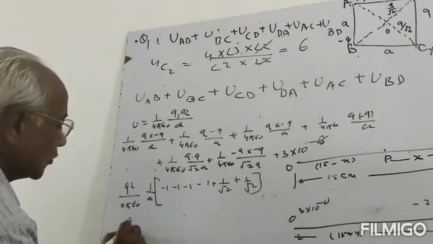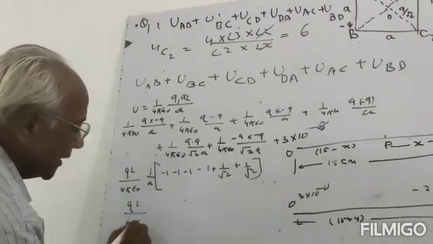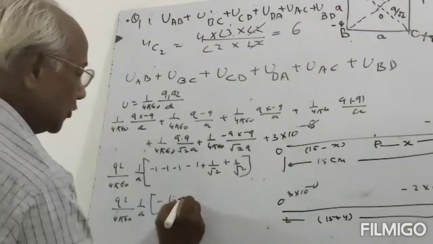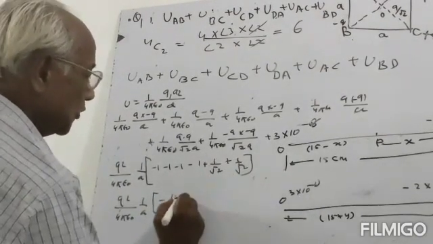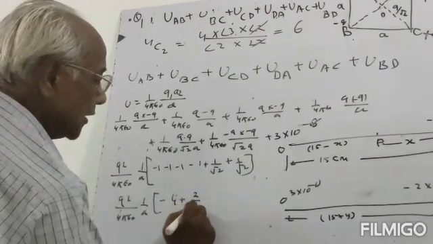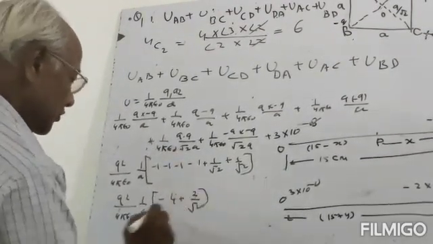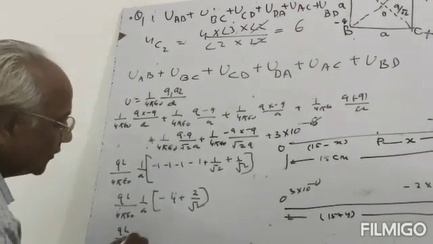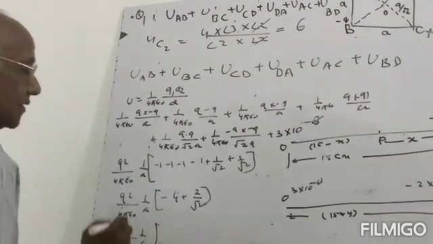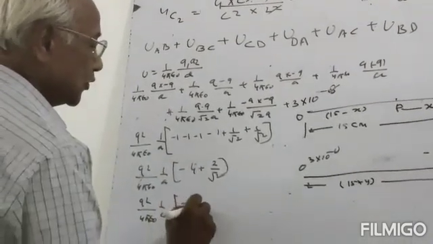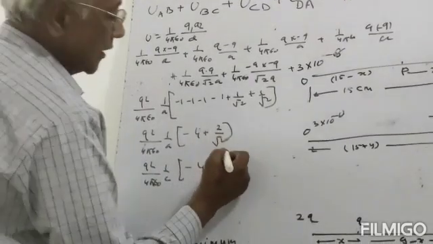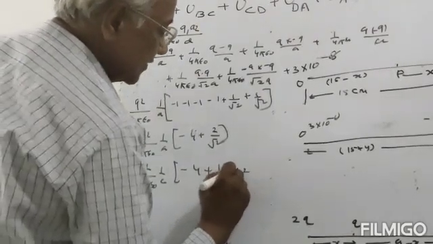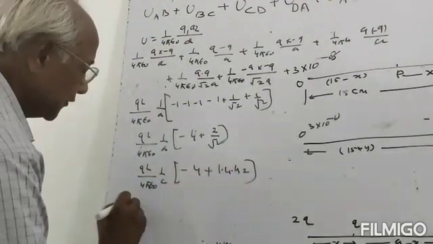So this will be equal to q square divided by 4 pi epsilon 0 into 1/a into minus 4 plus 2 divided by under root 2. So q square divided by 4 pi epsilon 0 1/a into minus 4 plus 2 divided by under root 2, where under root 2 is equal to 1.4142.